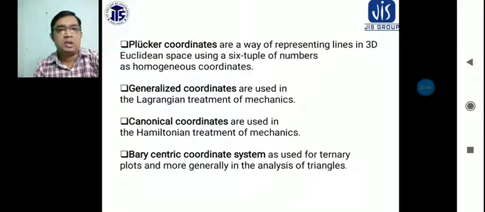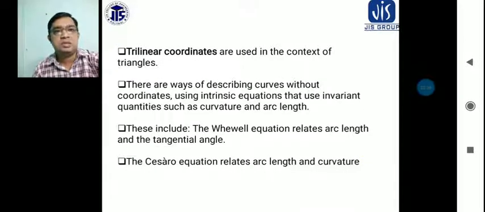And the canonical coordinates are used in the Hamiltonian treatment of mechanics. And also the barycentric coordinate systems are used for ternary plots, and more generally in the analysis of triangles. The trilinear coordinates are used in the context of triangles.